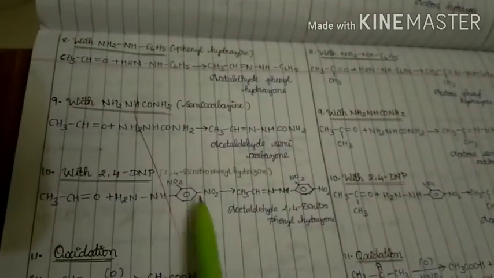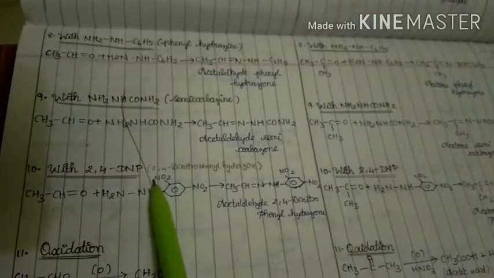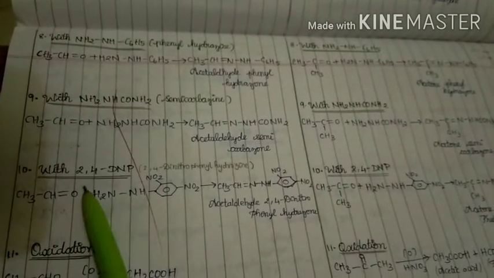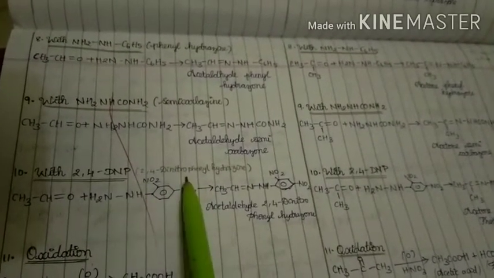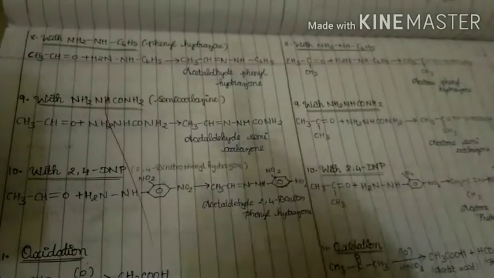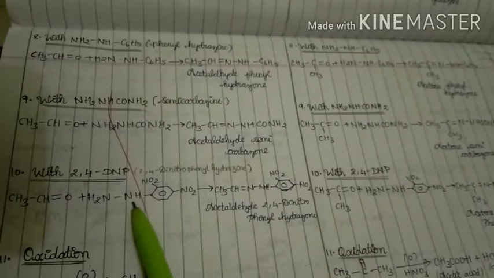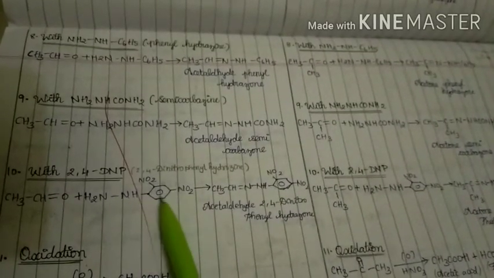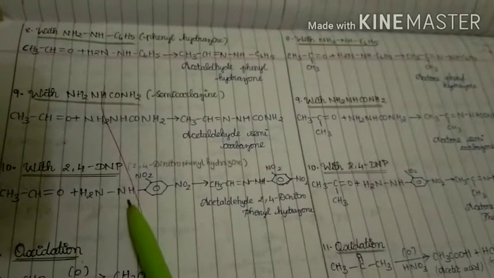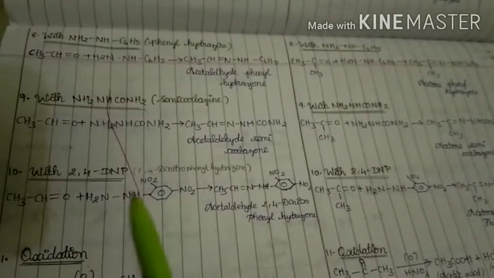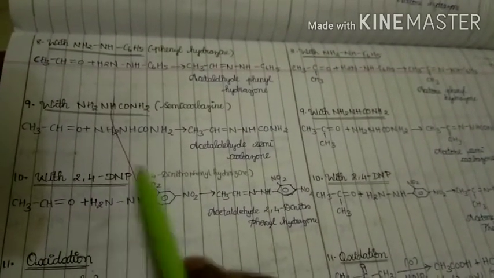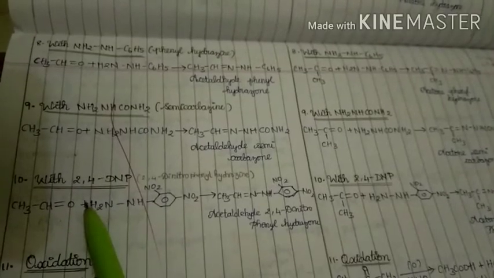Next, which one? With 2,4-DNP. 2,4-DNP means 2,4-dinitrophenylhydrazine. Hydrazine means NH2, NH2. 2,4-DNP means 2,4-dinitro group will be inserted instead of hydrogen. Here also same phenomenon. That means H2O will be removed.